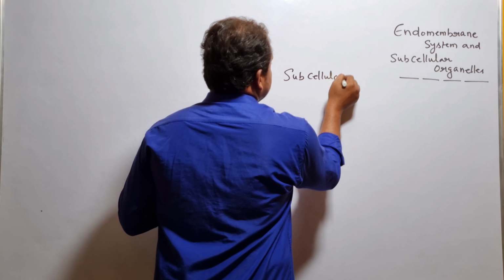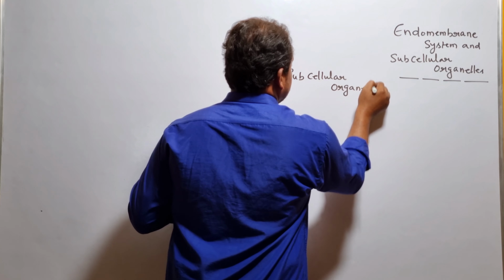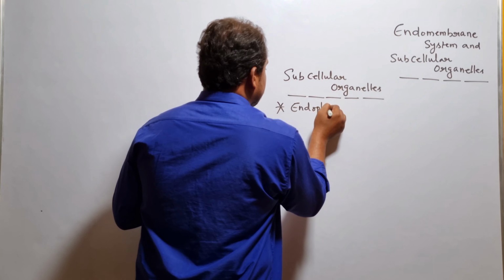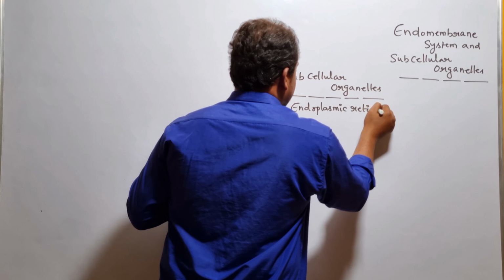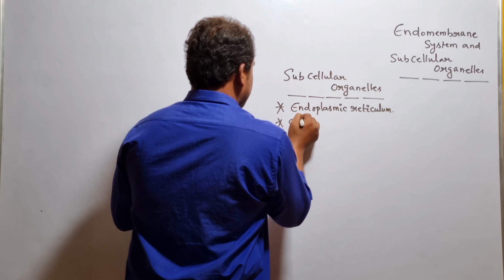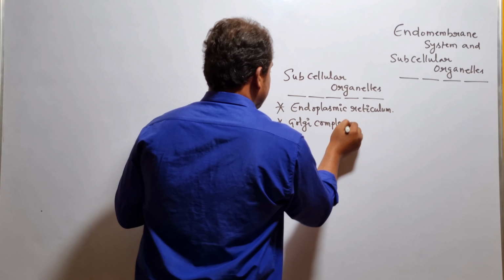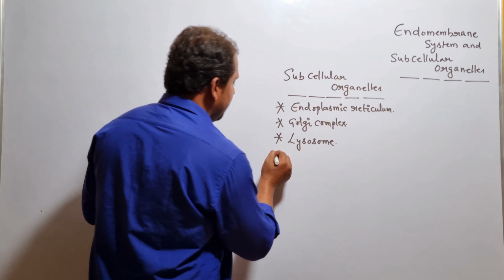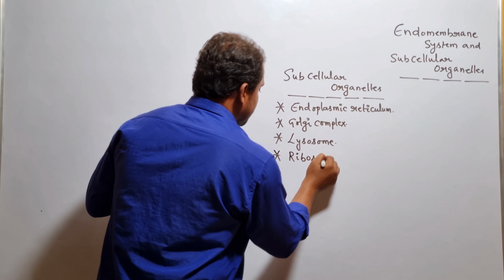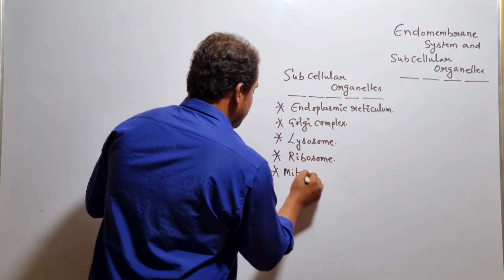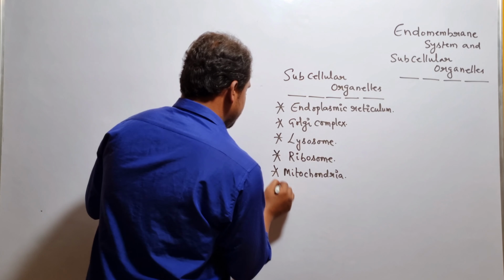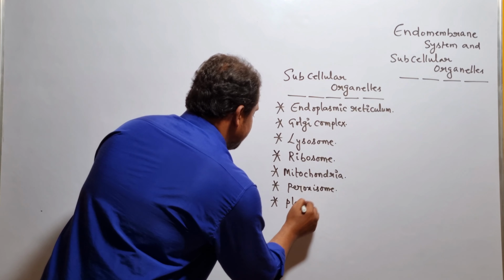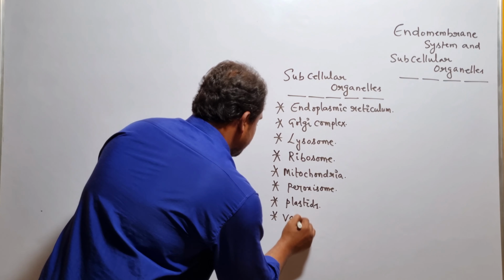Subcellular organelles. The various subcellular organelles include endoplasmic reticulum, Golgi complex, lysosome, and the other organelles include ribosomes, mitochondria, peroxisomes, and especially in plant cells we can observe plastids and vacuoles.